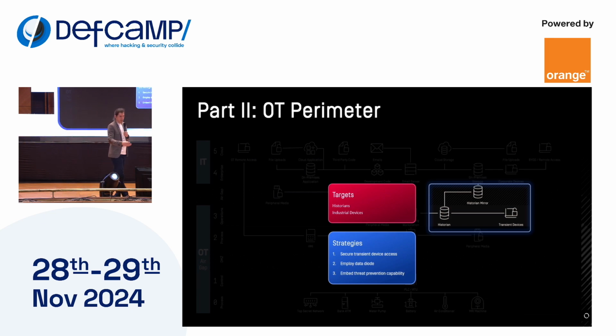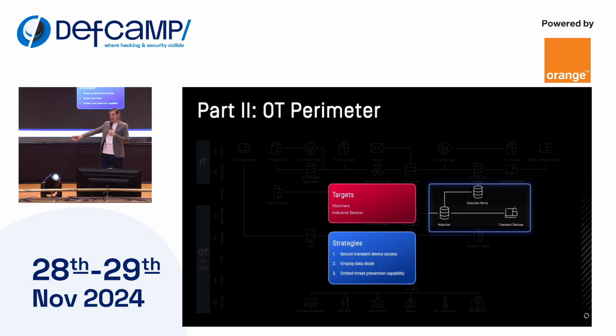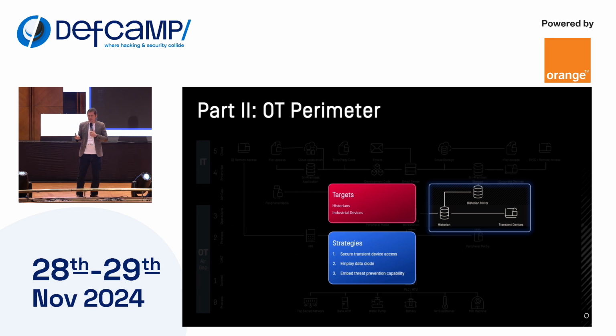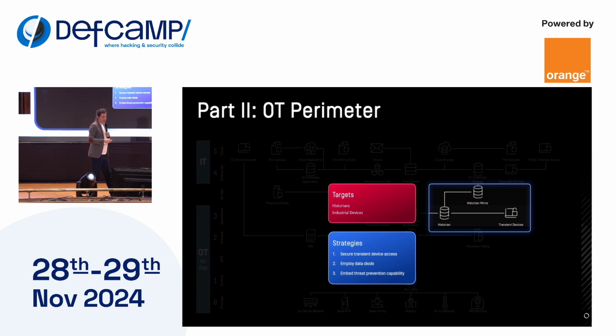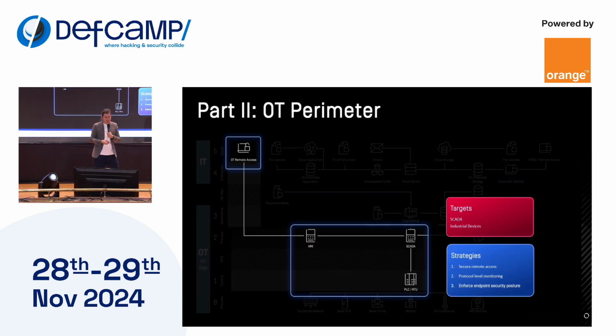And the benefit of employing a data diode is that it gives you the reassurance that the data can't really flow back. And that's mandated by NERC-CIP in the US, for example. We've discussed NERC-CIP. If you're a nuclear operator in the US, you need to use data diodes. Otherwise, you can't operate the nuclear power plant. And use threat prevention technologies. Detection is not enough, even in the OT context.